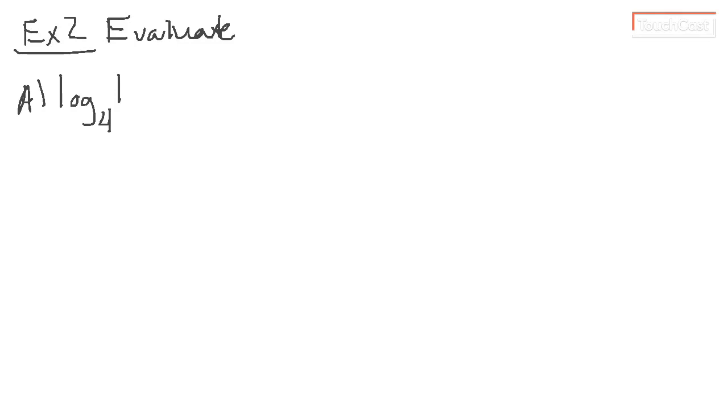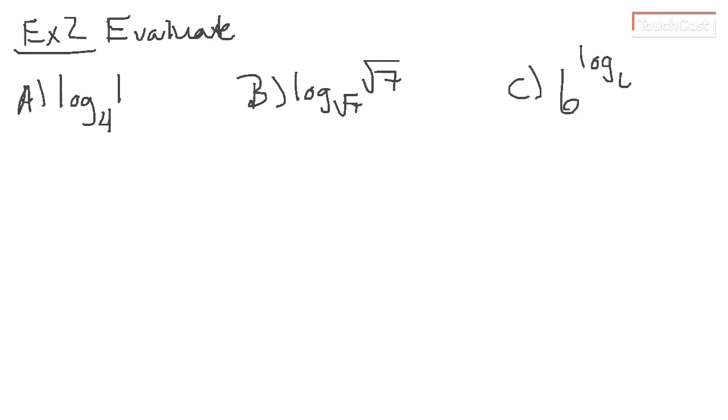We have to figure out what does that equal. We're going to have log base square root of 7 of the square root of 7. What does that equal? And lastly, we're going to look at 6 to the log base 6 of 20.